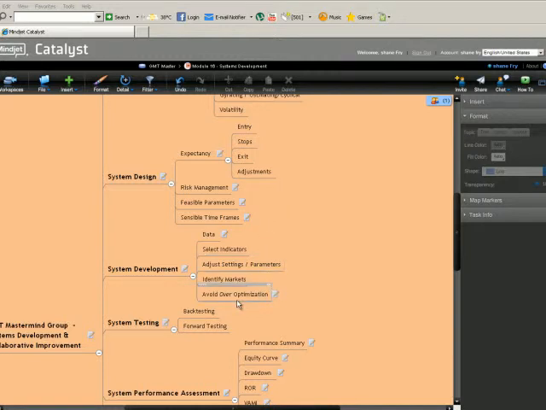So one thing we need to do is avoid over-optimizing. And again, once you get your data set, what I've found works really well, and what doesn't work well, is this: if you test one of our strategies, you'll see that they're very, very simple.